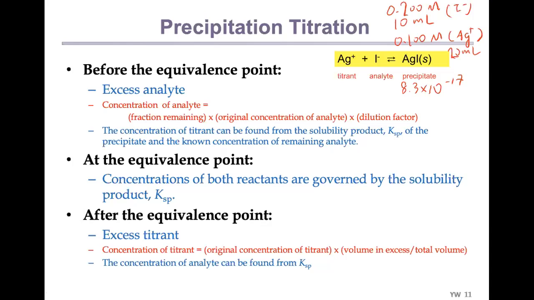We know that to reach the equivalence point, we will need 20 milliliters, which means that the volume you have to add at equivalence will be 20 milliliters. And we always use VE to represent the volume of titrant needed to reach the equivalence point, okay? And the way of defining before, at, and after is the volume you added, right?